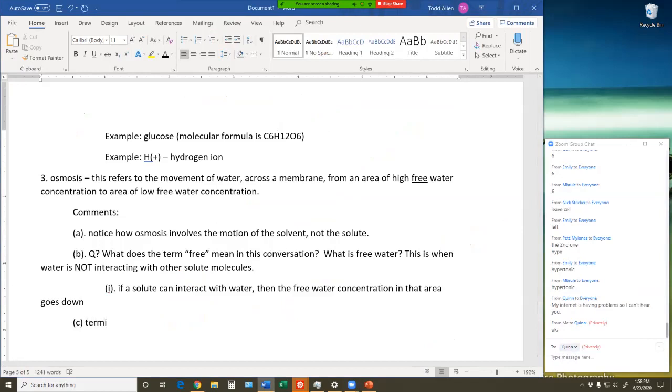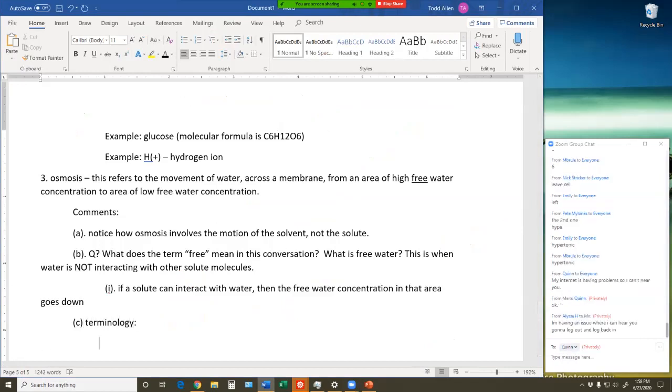Some terminology. Hypertonic means that there's more solute on one side of the membrane than the other.